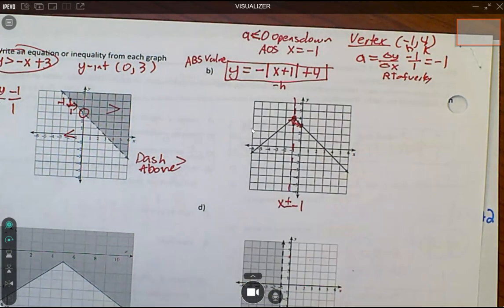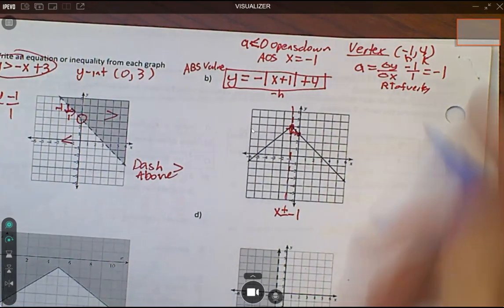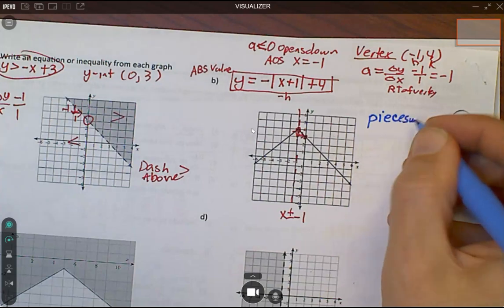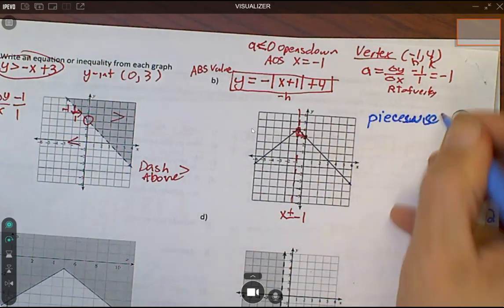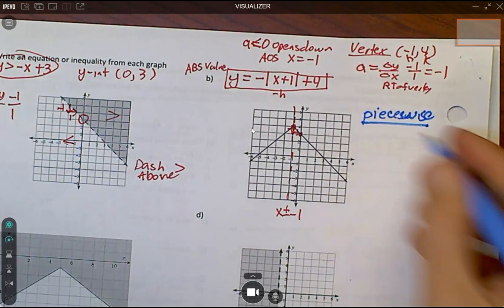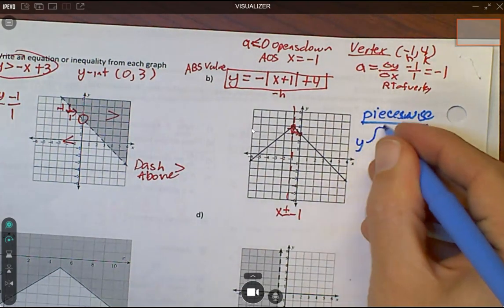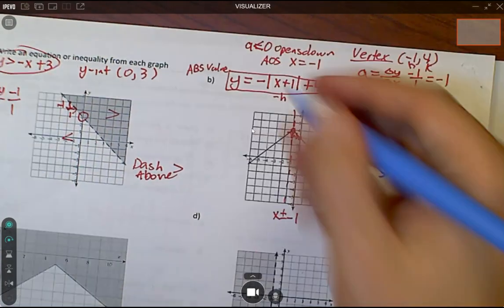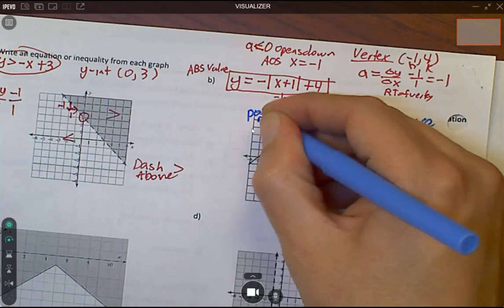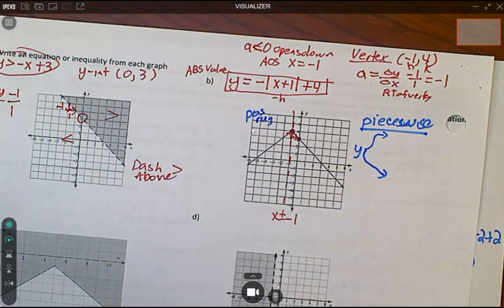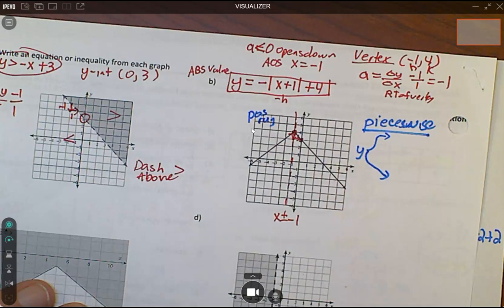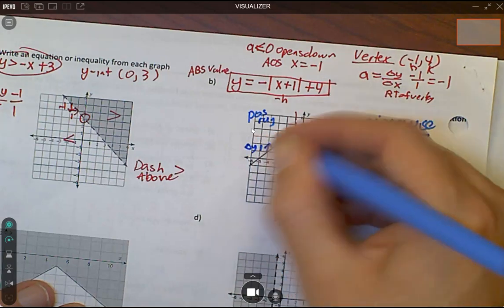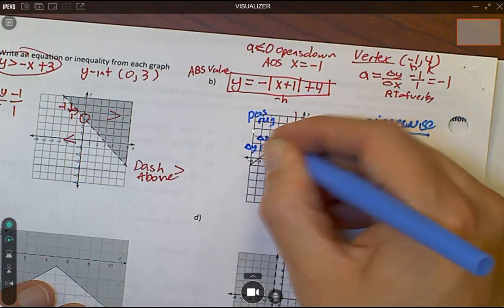Let's say you have to write a piecewise definition one day. This is advanced level stuff. I just want to reinforce the piecewise function. We go y equals. This is the positive ray. The positive ray has a change in y over change in x of 1.